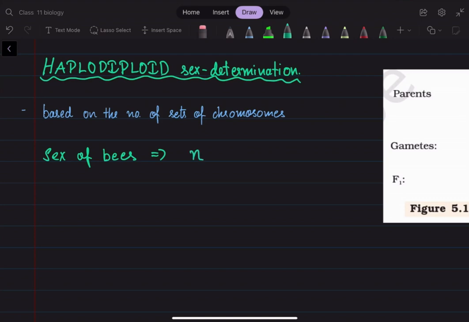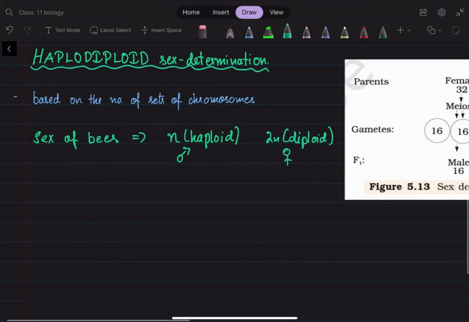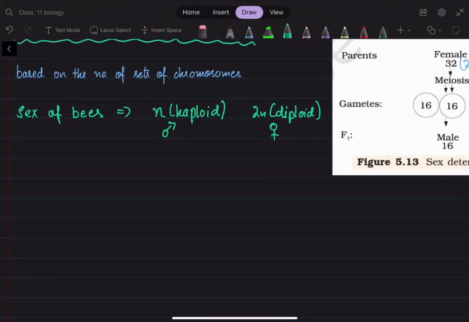If it just has N, that is haploid, it's basically a male, and if it's 2N, that is diploid, it's basically a female. So you see, this sex determination is based on the number of sets of chromosomes. So how does this actually work out? We know that the female usually includes the queen bees and the worker bees, whereas the male usually includes the drones.